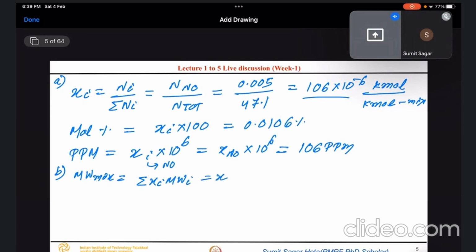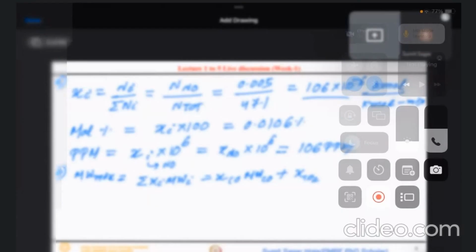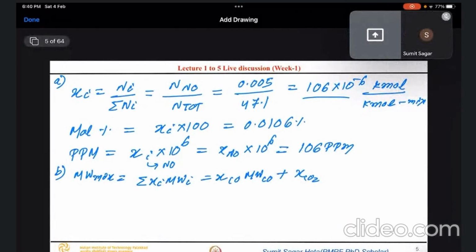All the constituent species' mole fraction xi into their molecular weight, and it can be written like this: x of CO times molecular weight of CO plus x of CO2 times molecular weight of CO2.